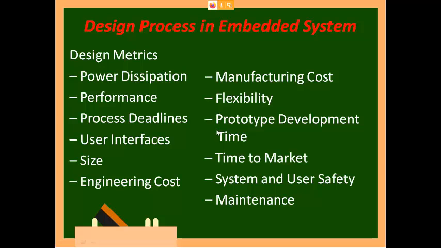Then prototype development. After all this process only, I go for developing a prototype. Then I will circulate it in the market and try to identify the time for which my product will be bought by the consumer, then user safety and maintenance. All such things I will take into consideration.